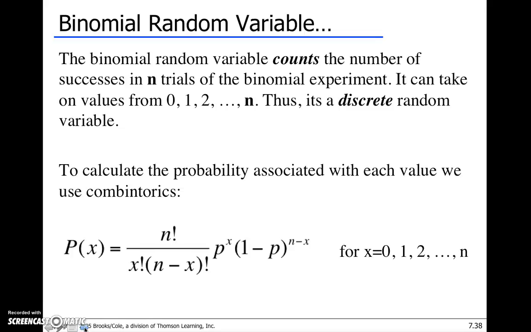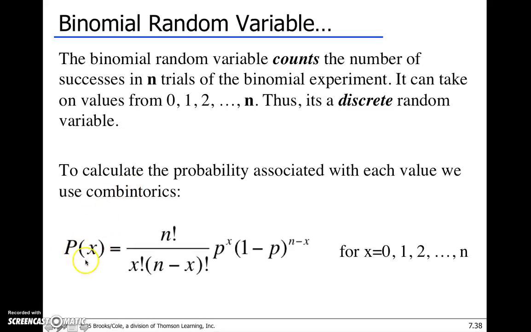Binomial random variable. The binomial random variable counts the number of successes in n trials of the binomial experiment. It can take on values from 0, 1, 2 to n, thus it's a discrete random variable. To calculate the probability associated with each value, we use combinatorics. This is shown in the formula here.